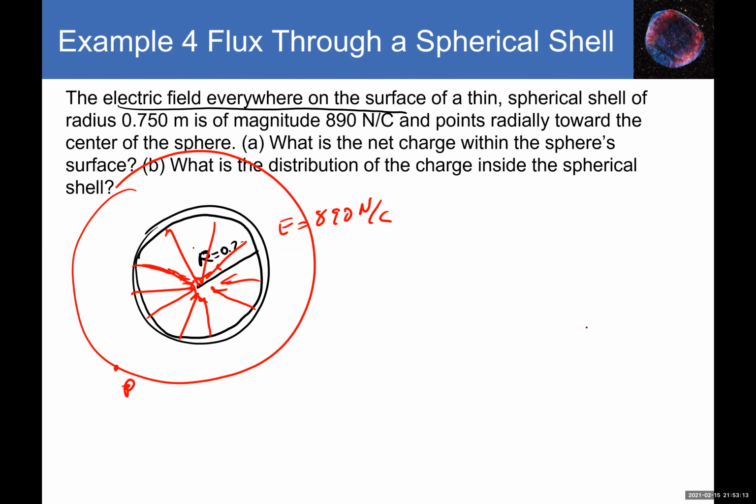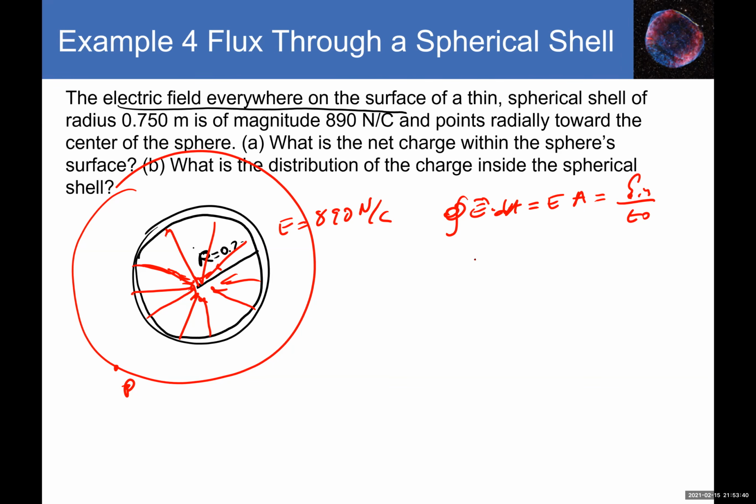Using Gauss's law, the integral of E dot dA equals, since it's uniform, EA, which equals Q in over epsilon naught.